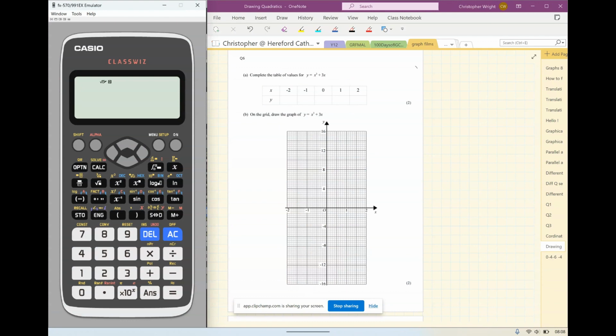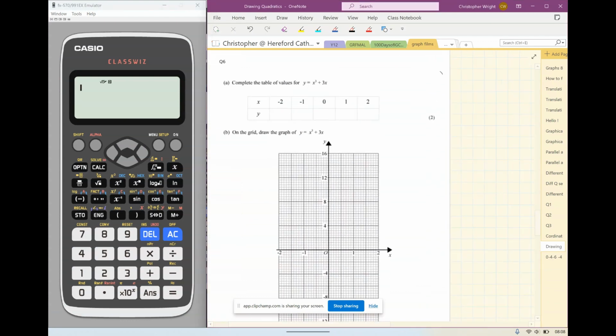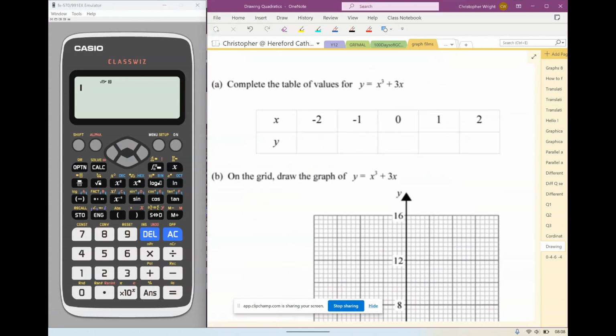Question 6. We need to complete the table of values for y equals x cubed plus 3x. So I've got my calculator ready here. I'm going to go into the table mode and type in this function. So it is y equals x cubed, so x to the power 3 plus 3x.